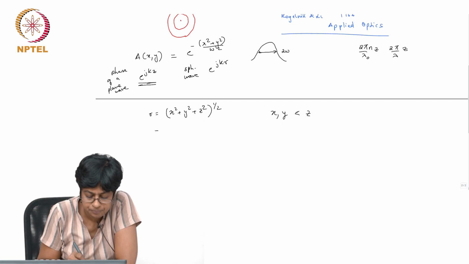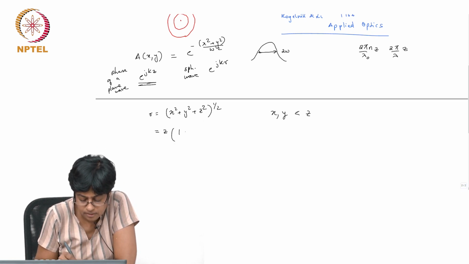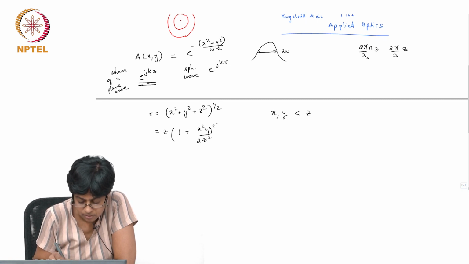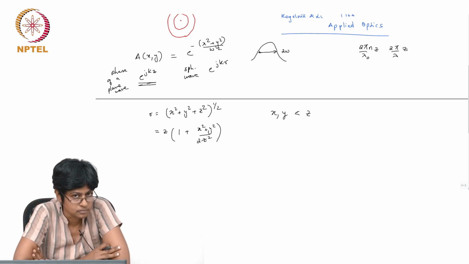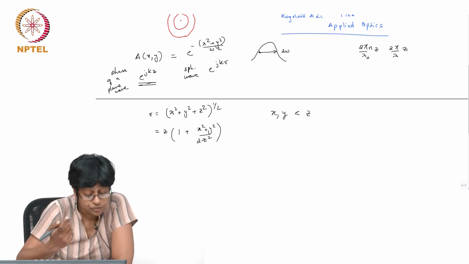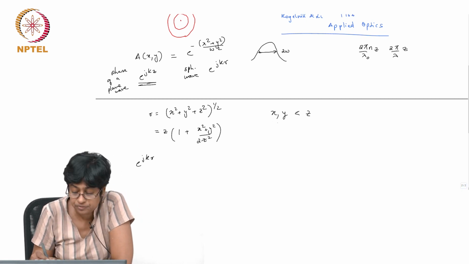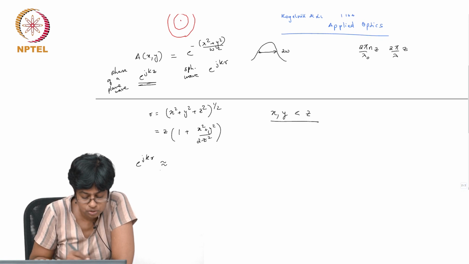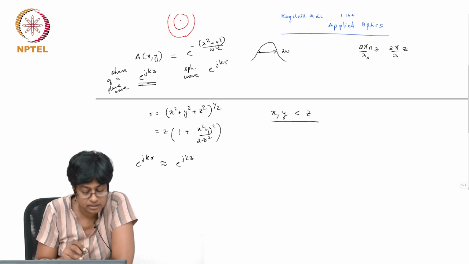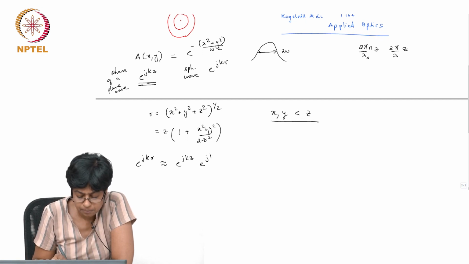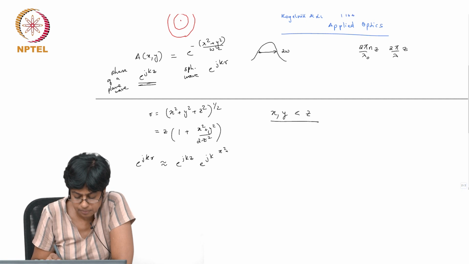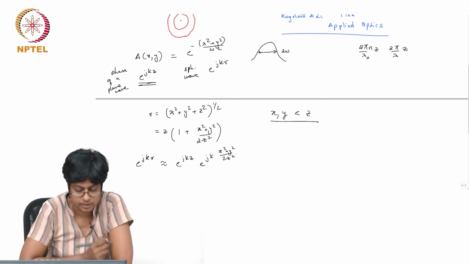Now, if I do that, I can rewrite this. My phase, I could consider it to be e power jkr, but because of this assumption, the r reduces to e power jkz, that's the first term, into e power jk times x squared plus y squared by 2 z squared.